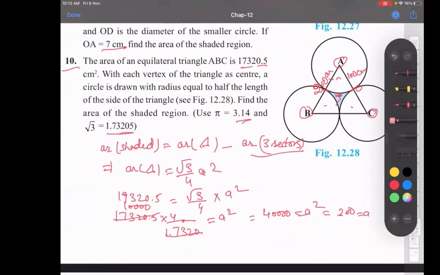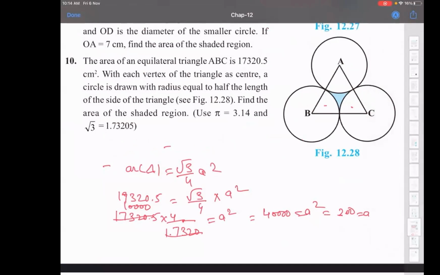First, we need to find the side of an equilateral triangle. After that we find the radius. After the radius, by using area of shaded region equal to area of triangle minus area of three sectors. Clear to you? Yes, ma'am.